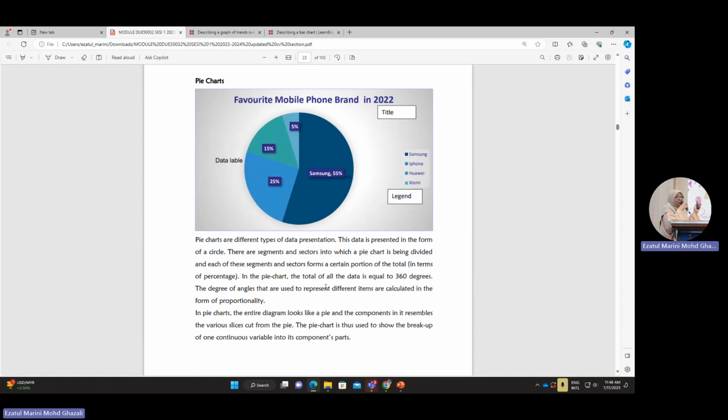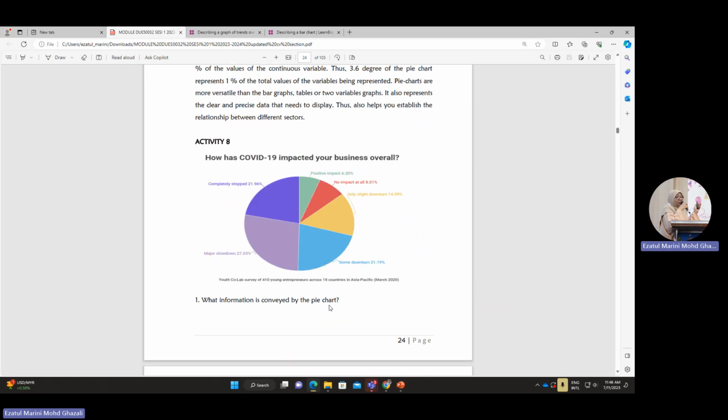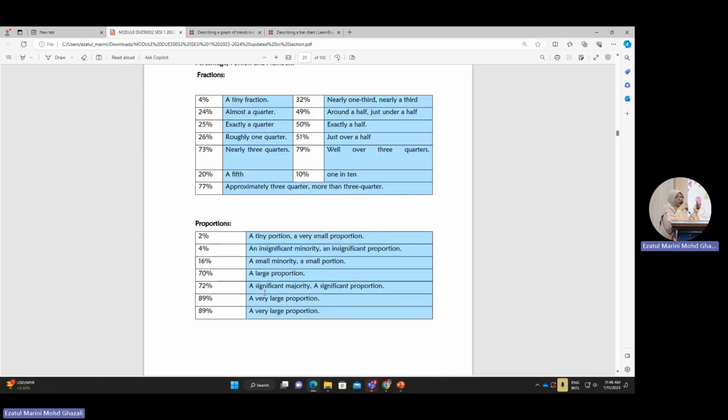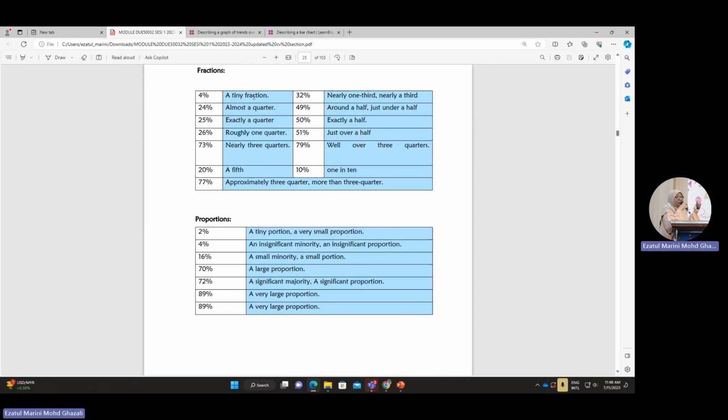This is an example of the pie chart. How do we explain a pie chart? We don't talk about numbers such as 3, 4, 700, but we talk about the percentage. Sometimes we don't mention the percentage, but we use vocabulary, for example, a tiny fraction, almost a quarter, exactly a quarter, roughly one quarter, approximately three quarters, a tiny portion.